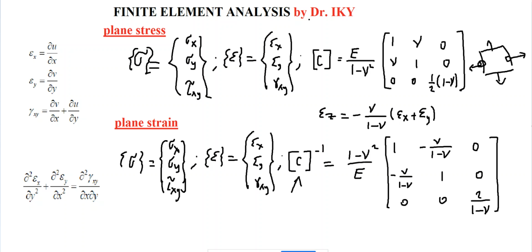So when you create a tensile load and hold, the thickness will decrease. It means we have epsilon z because there is a deformation.